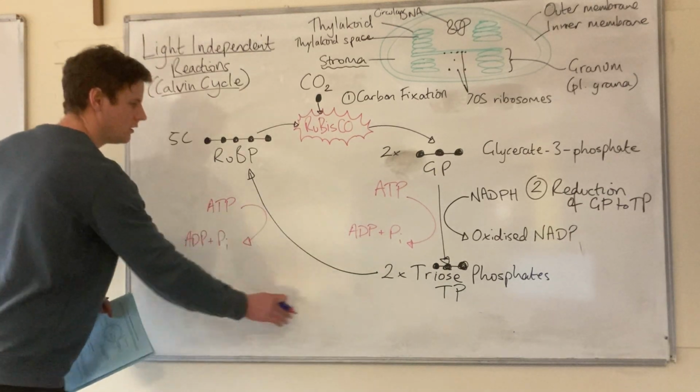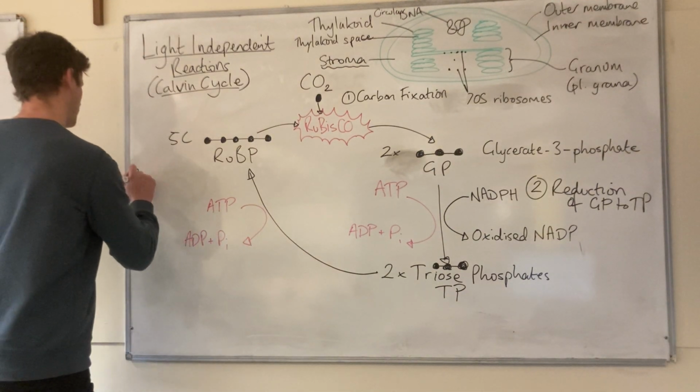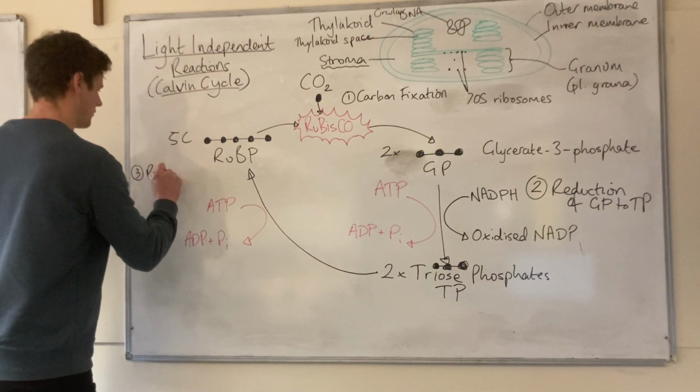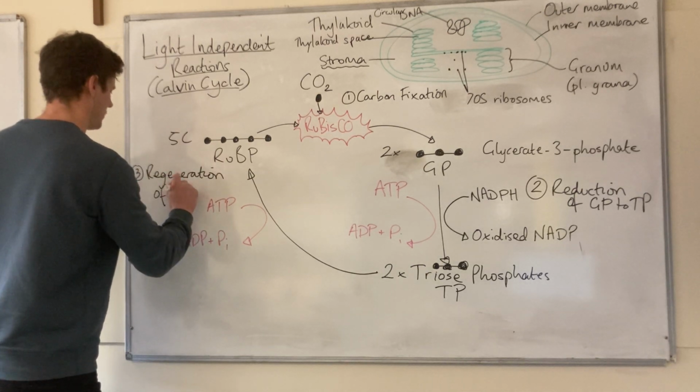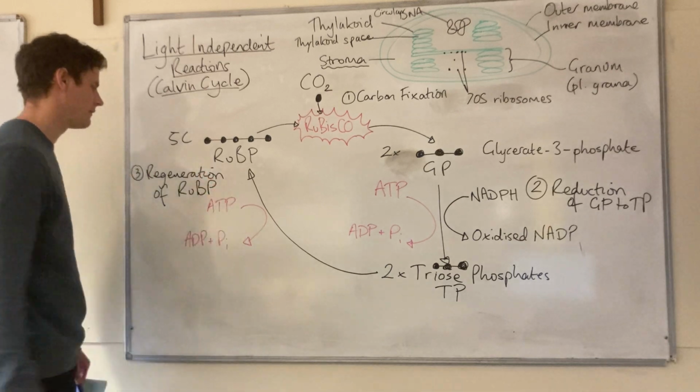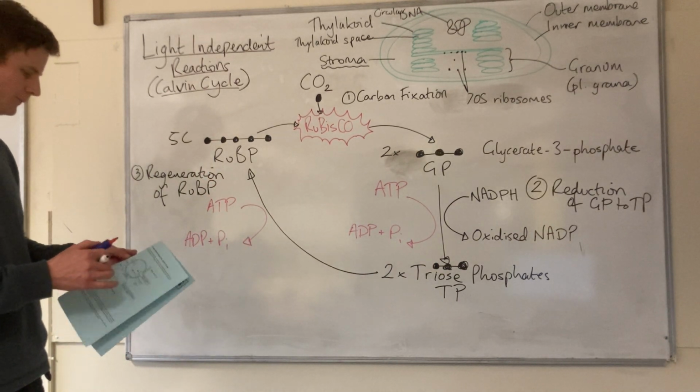So this third stage, which I've not labelled yet, is called the regeneration of RuBP, ribulose bisphosphate, requiring energy from the hydrolysis of ATP.